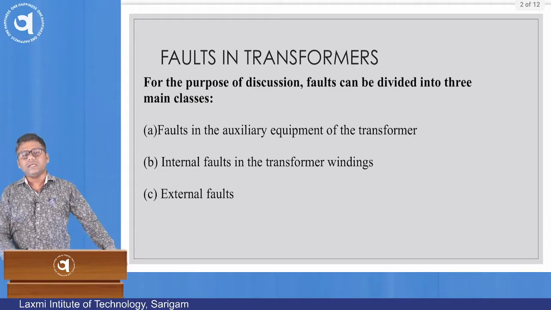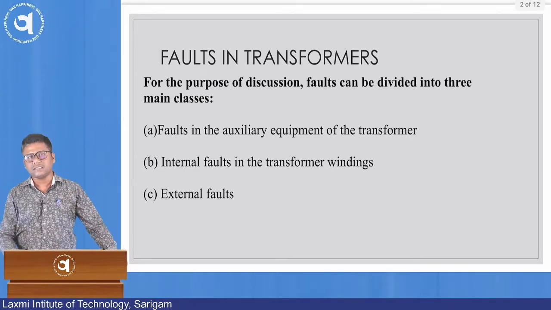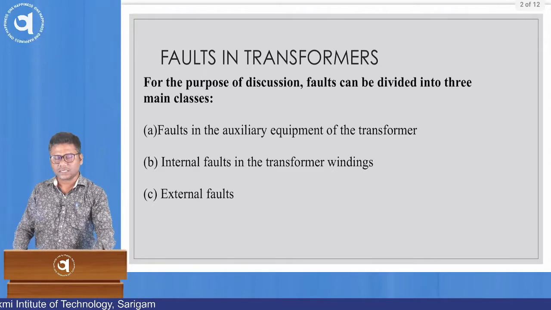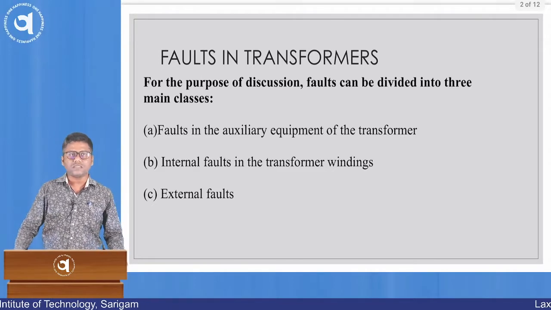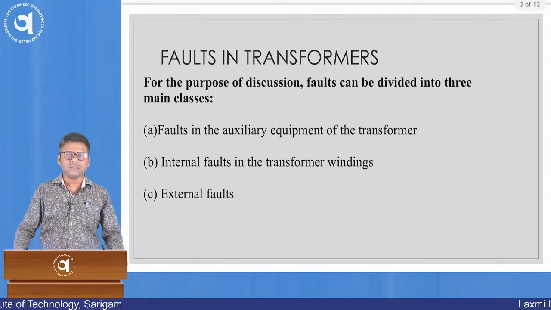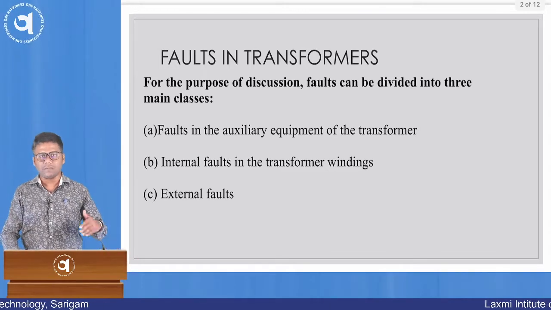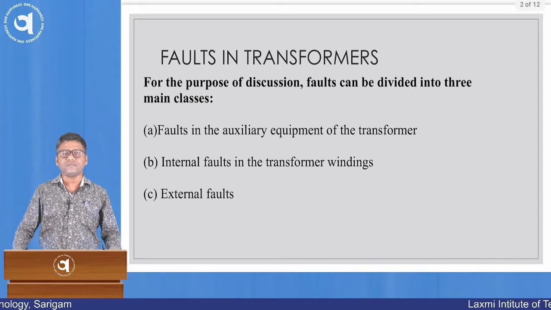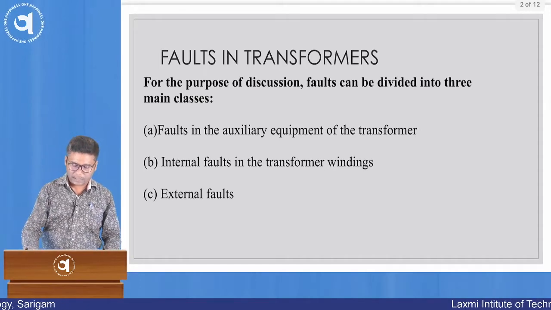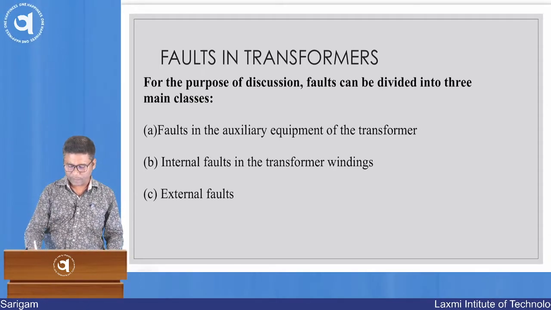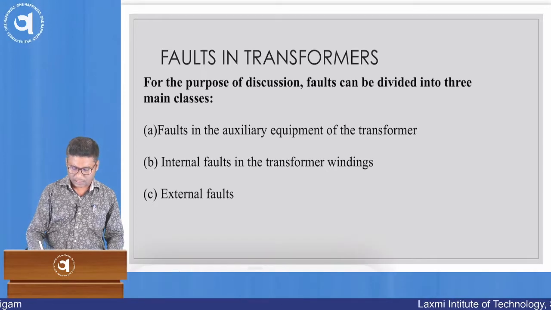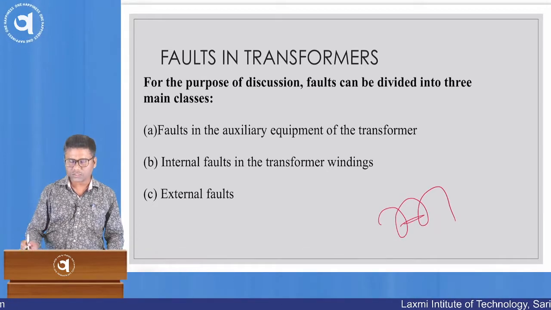And then internal fault in the transformer windings. The internal faults in the transformer windings are generally faults between the two windings, between the HV winding and LV winding. It may be interturn faults, meaning a fault between two turns of the same winding.